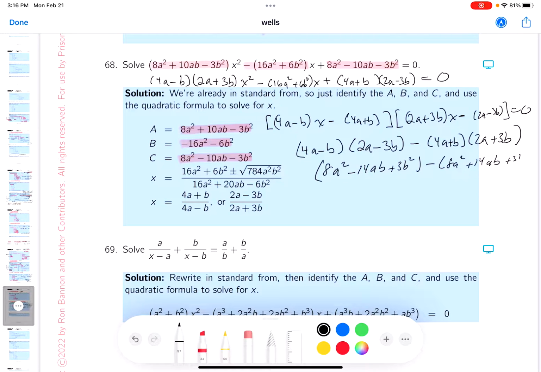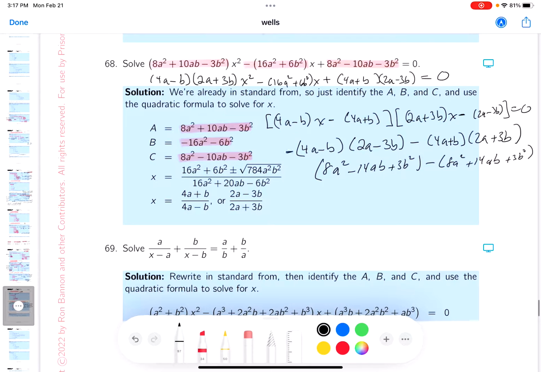Plus 3B squared. And there's something I did wrong here, and I got to look for it. Oh, I see it now. This is minus. Let me just make sure I'm saying that right. Yeah, it is. I'm seeing it. I made a mistake.